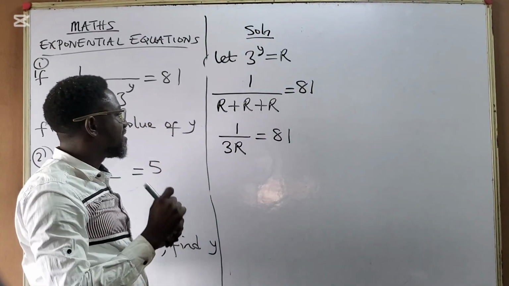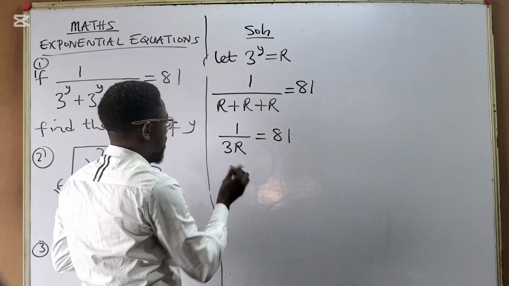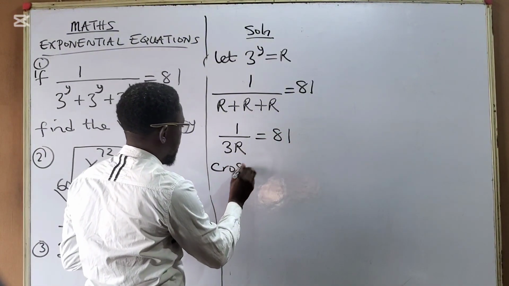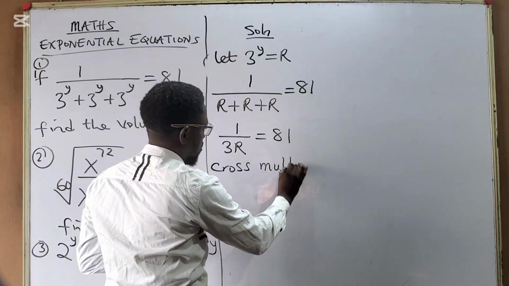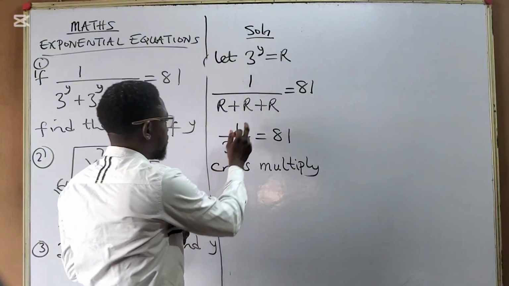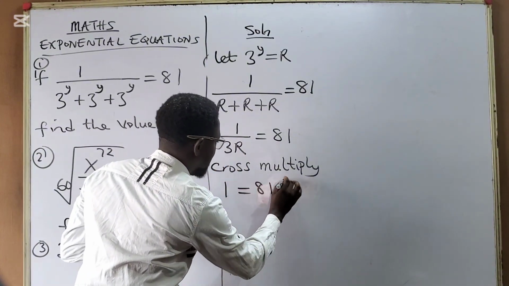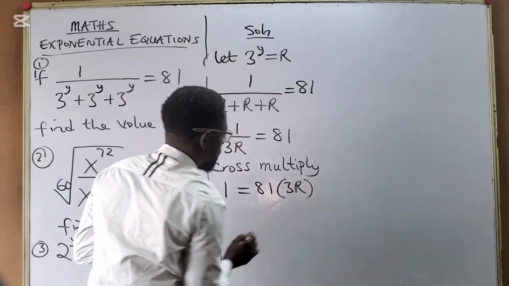So now the next thing I will do is to cross multiply. If I cross multiply, then I'll get this as 1 equal to 81 times 3r.